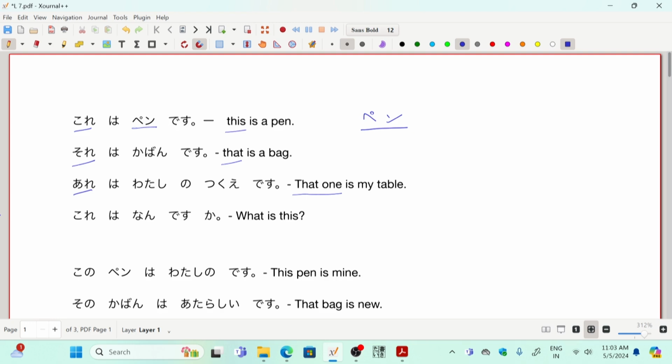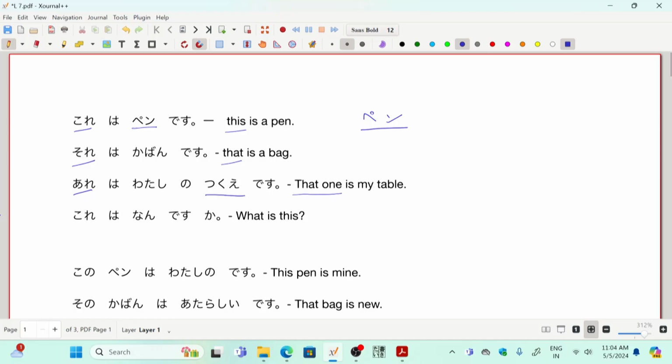Next is sore wa kaban desu. So kaban is a bag. Sore, that. Sore wa kaban desu. That is a bag. Now we learn how to add or show relationship. Okay, my pen, his book, my father's university. So how do we add a noun or pronoun in that sense?